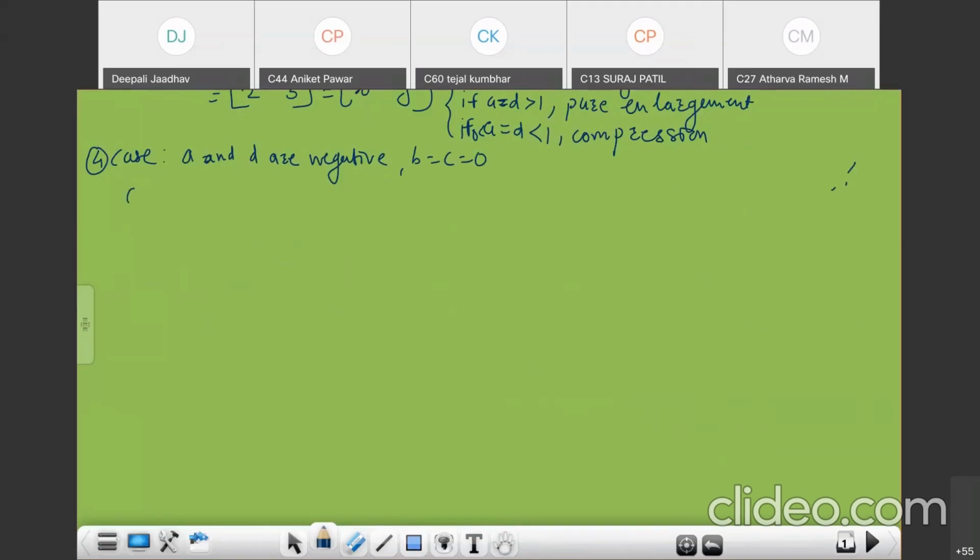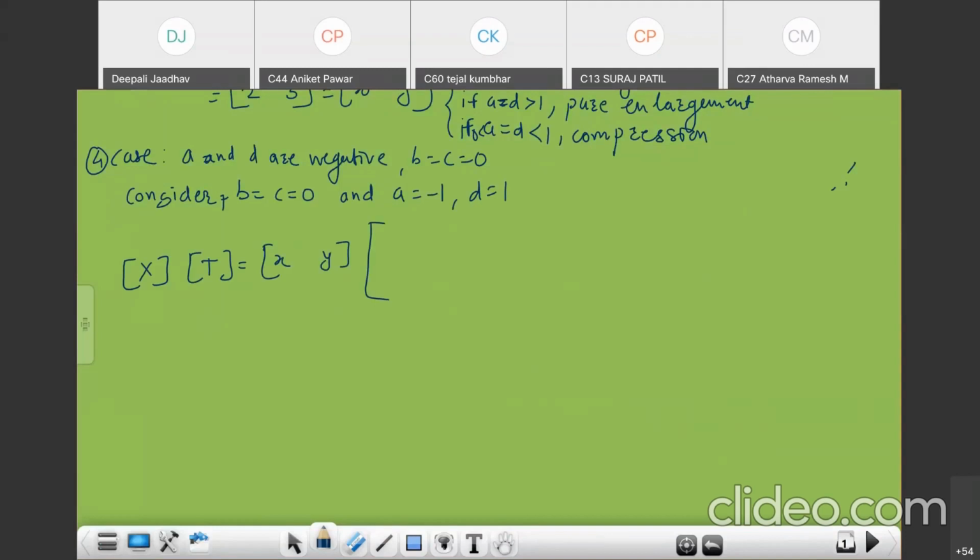So consider B equal to C equal to 0 and A equal to -1 and D equal to +1. Okay. Then X multiplied with T, the coordinates X Y. Now what is the transformation matrix here?